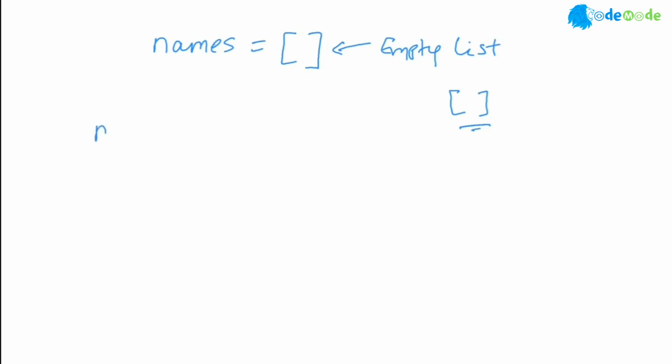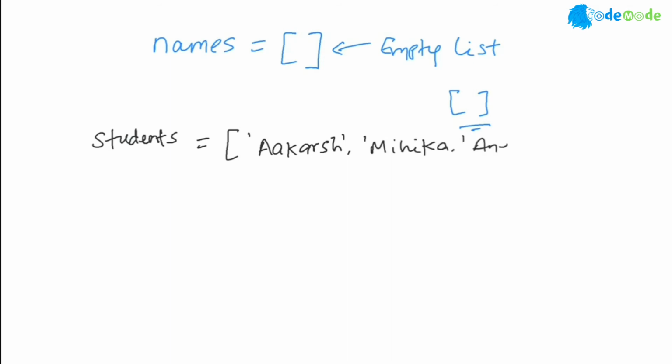I can also create another variable. Let's say students. So students equal to, and I can say Akash, Mihika, Anish.